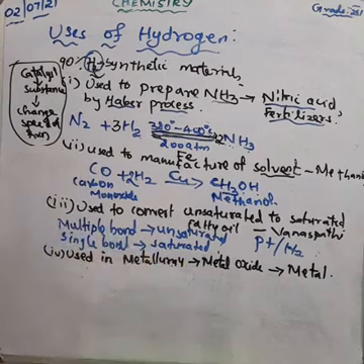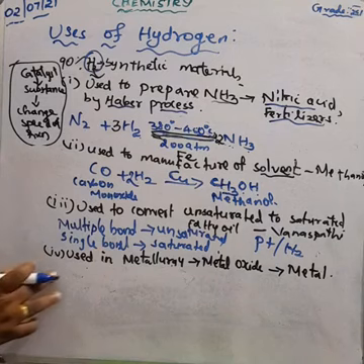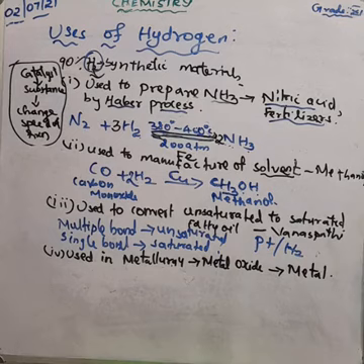So hydrogen, what is the important property? Reducing property. Hydrogen has one important property, that is the reducing property. Using hydrogen, we reduce metal oxide to metal.